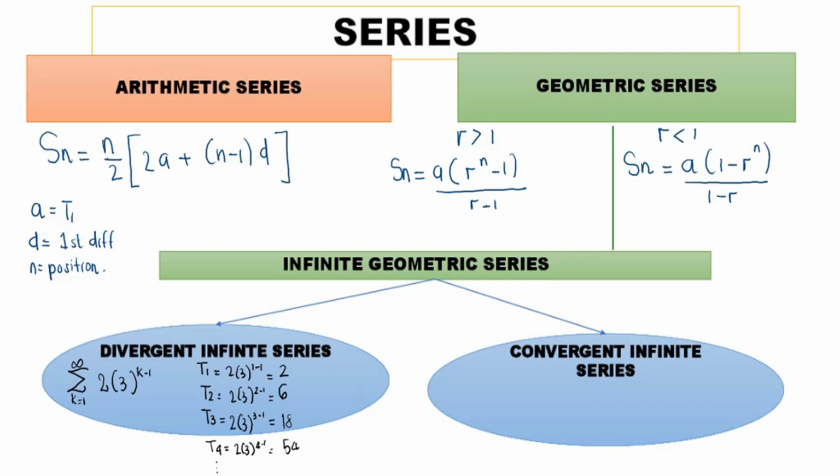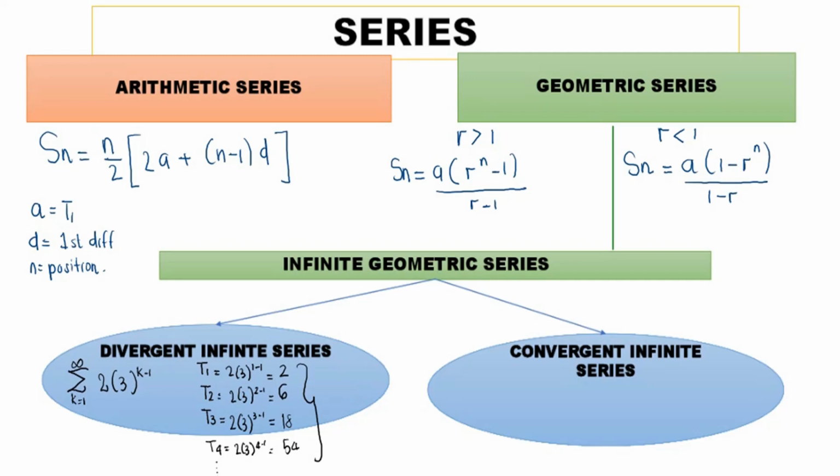And what I said is that with a divergent infinite series, the terms of the series are all positive numbers. So we can see that here, all the terms of this series are positive numbers. And when you get the sum of all these terms, you will notice that the sum will get bigger and bigger and bigger without any end.